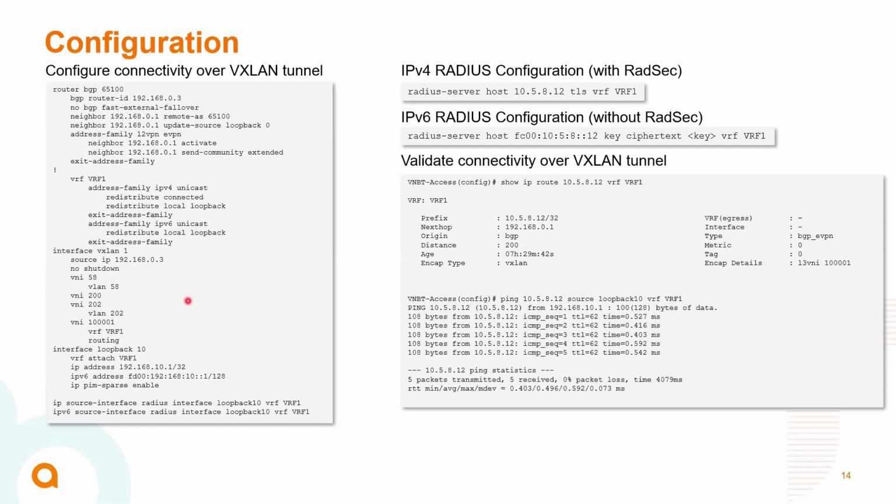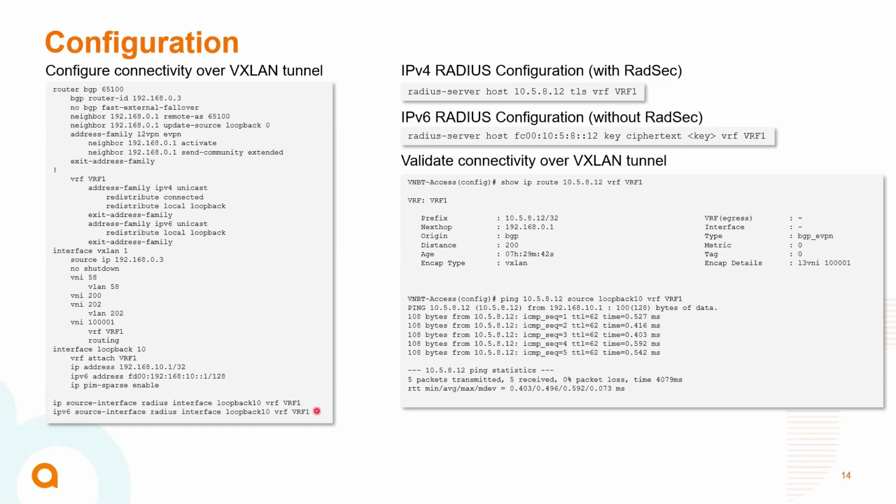We need to have our VXLAN interface configured, our VNIs and VLANs mapped out, the source IP defined, which is our loopback on our switch that we're using. And then our loopback address, of course, we have to have configured for the VRF so that we can test connectivity between our access switch and upstream throughout the network.